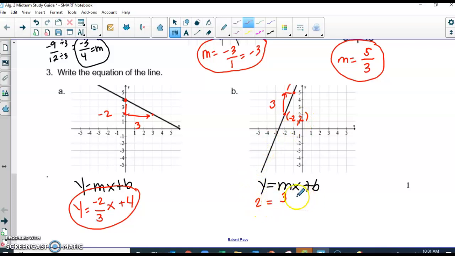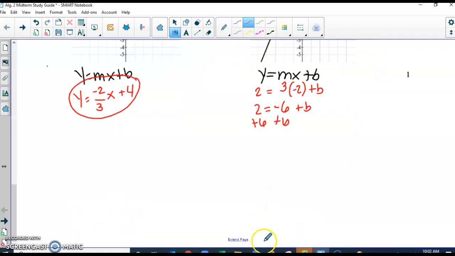So I can plug 2 in for my y, -2 in for my x, and bring down my plus b because that's what I'm solving for. 3 times -2 is -6. When I add 6 to both sides, I end up getting 8 equals b. So my equation of the line for this problem is going to be y equals 3x plus 8.